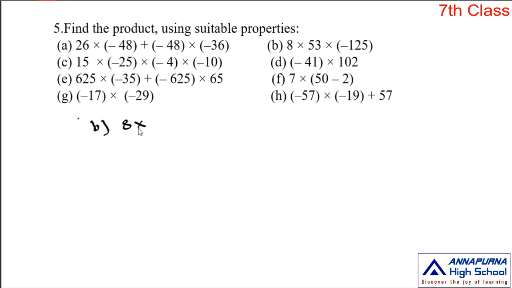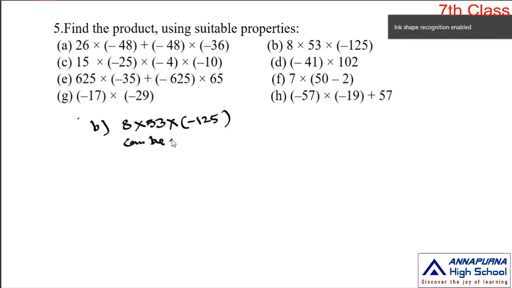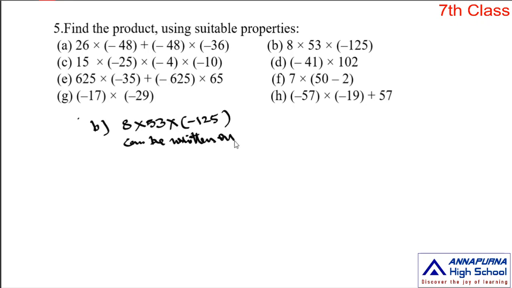B is 8 into 53 into minus 125. So this can also be written as 53 into 8 into minus 125.